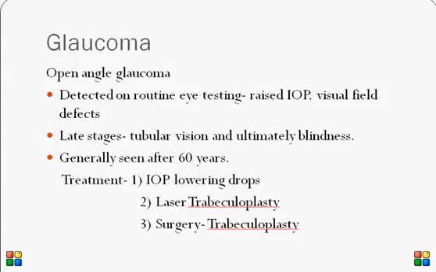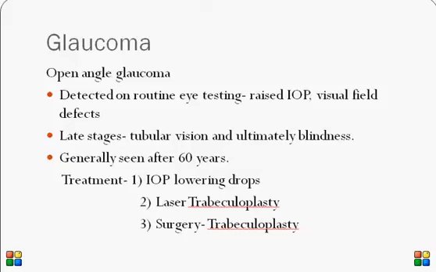Open angle glaucoma is generally detected on routine eye testing. Patients are not aware of this glaucoma unless they reach the end stage. So they will notice their field of vision has decreased in the form of a tubular vision, that is, they see as if they are looking through a tube because the field of vision becomes narrow, and ultimately it leads to blindness.